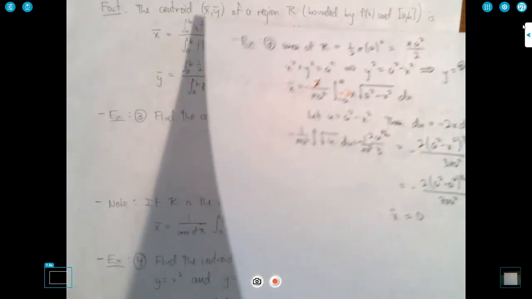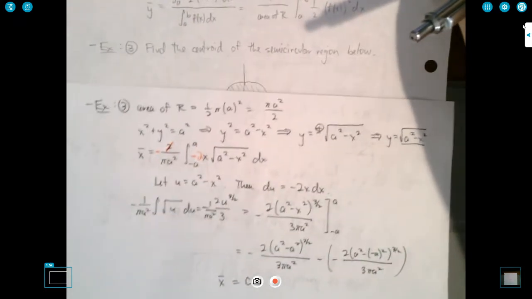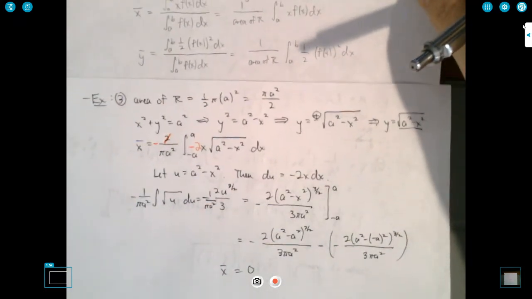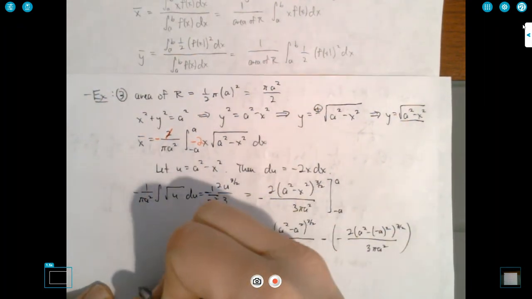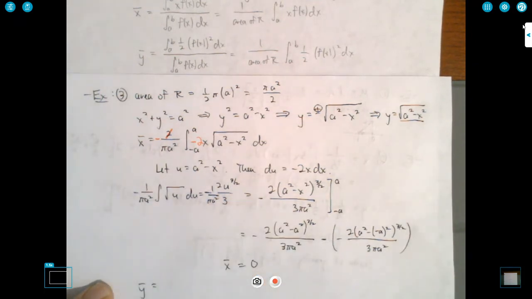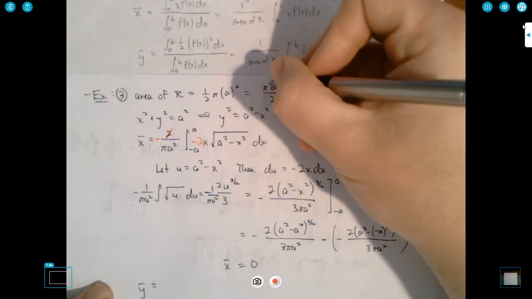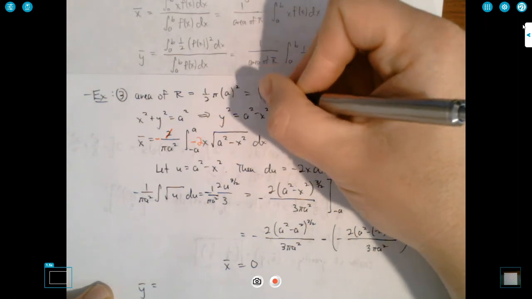What about y bar? Let's see. So y bar is 1 over area of r times the integral from a to b. That's 1 over pi a squared over 2.